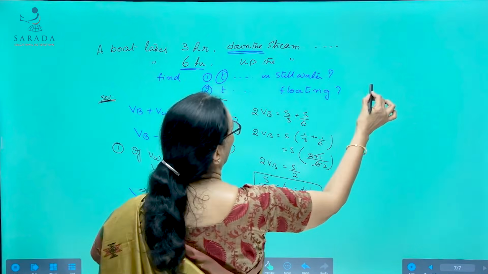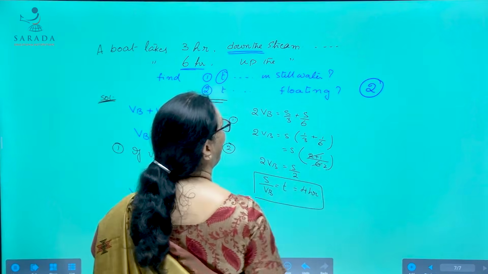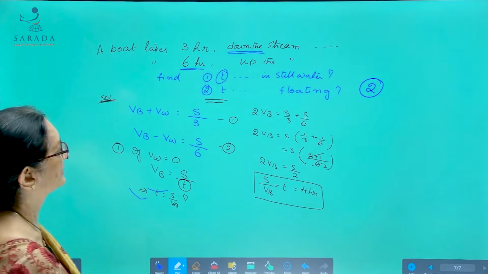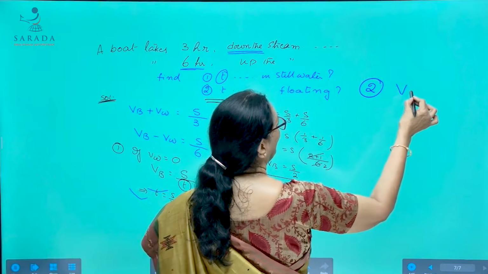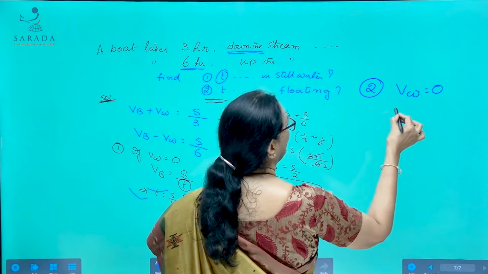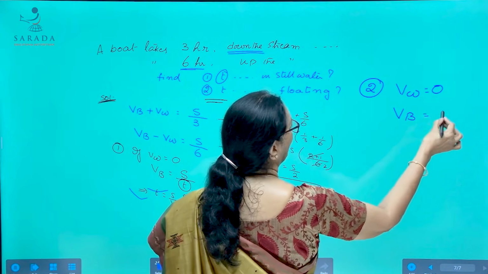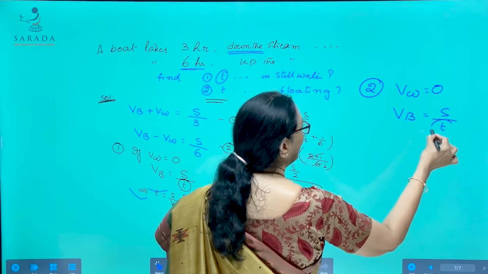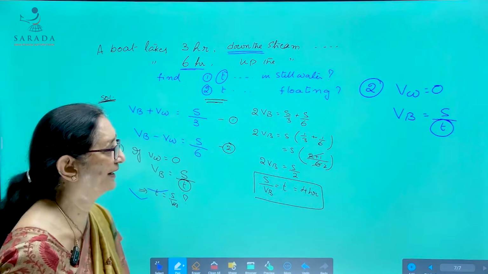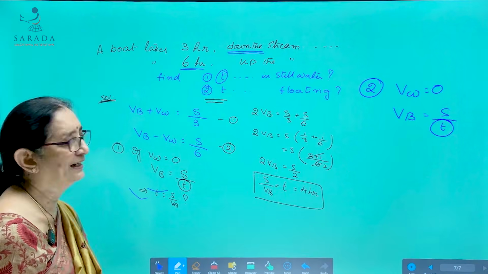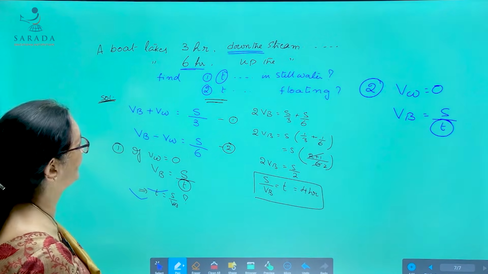So, I am talking about the second part of the problem. When the boat is floating, VW is 0. So, VB is equal to S by T. Now, this time we need to find out. That is nothing but S by VB is asked.